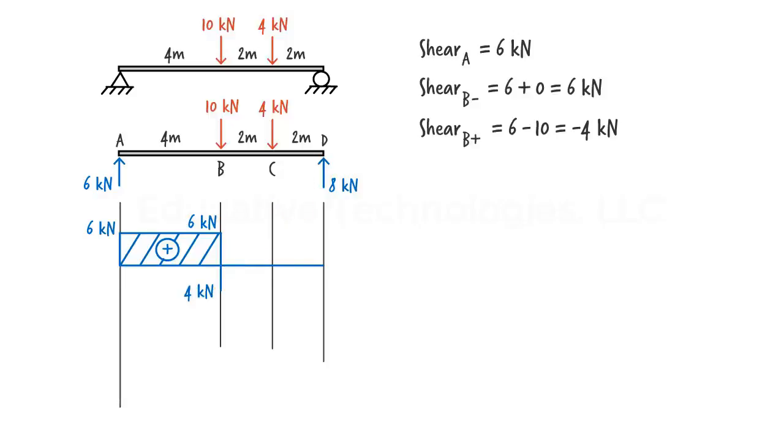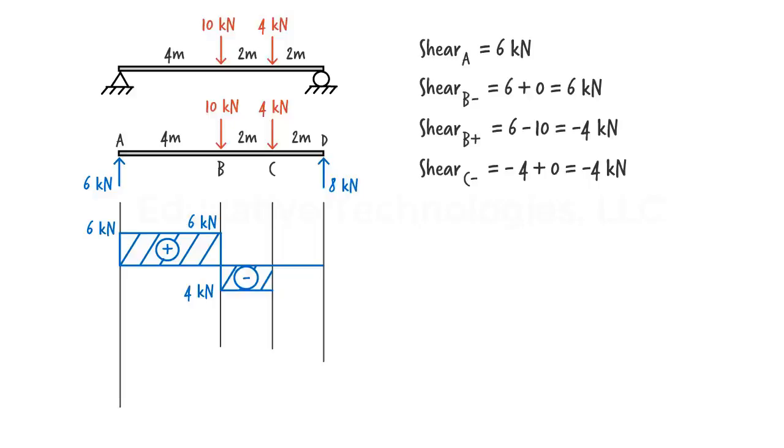Since there is no load applied within segment BC, the total load applied to the segment is 0. Hence, shear at the right end of the segment is negative 4 plus 0, or negative 4. Similar to segment AB, in segment BC, shear remains constant.